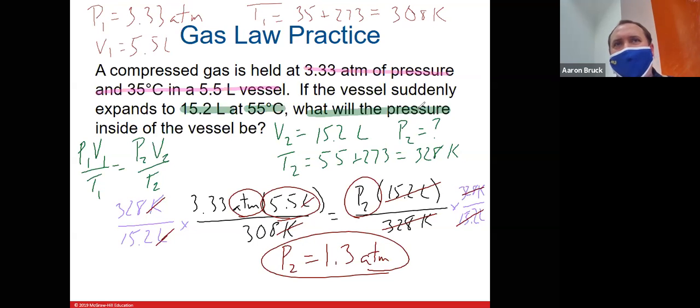Since we are using Kelvin, little minute differences in Kelvin temperature are not going to have very large impacts on pressure or volume. Not compared to the size differentials of the containers themselves. All right. Any questions with this practice problem?